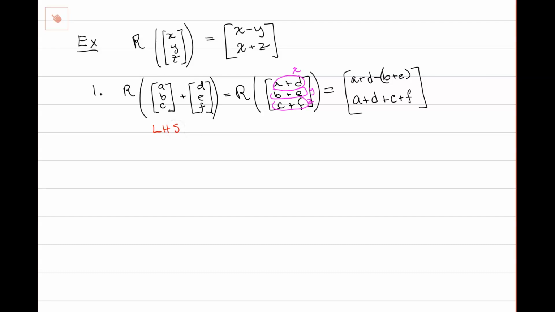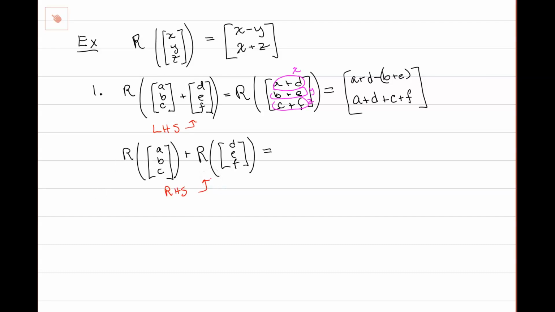And now let's write down our right-hand side. And now what we need to do is compute the images of these two vectors under this transformation. So if I do that, I'm going to get, let's see, R of ABC will be A minus B, A plus C. And then I've got plus R of DEF.